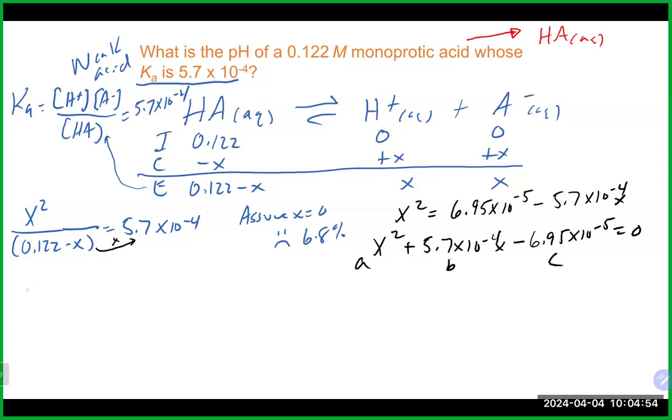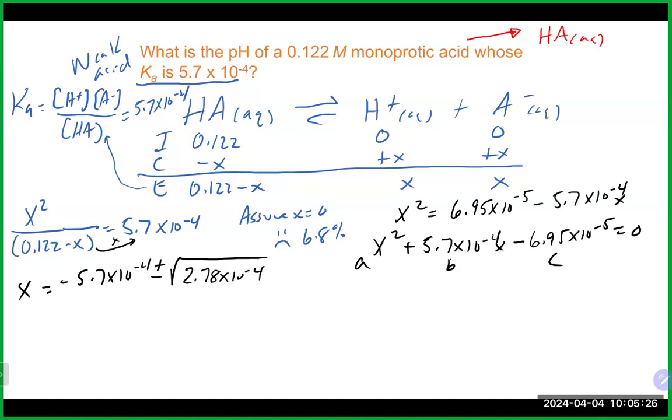So going into our quadratic there, x is equal to minus b, which would be minus 5.7 times 10 to the minus 4, plus or minus. Now, if we do the square root part, I can take 5.7 to the minus 4, square it, minus 4 times a times c, and try that. It's going to give us a 2.78 times 10 to the minus 4.